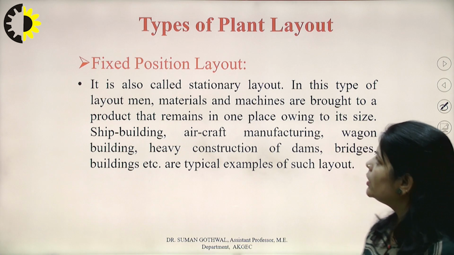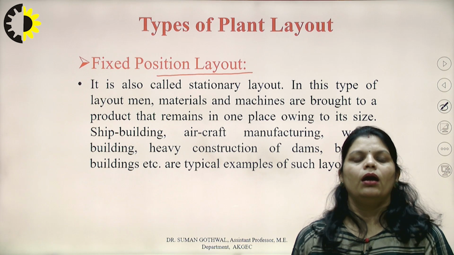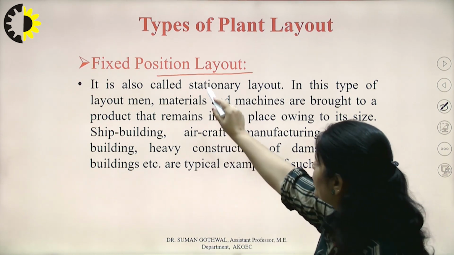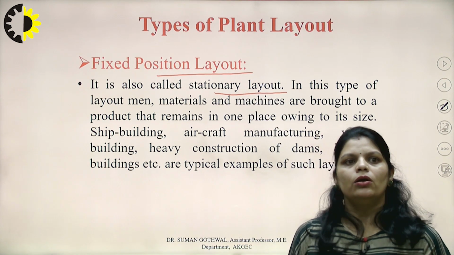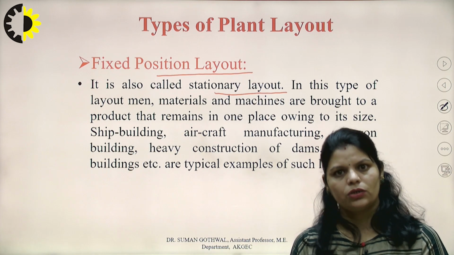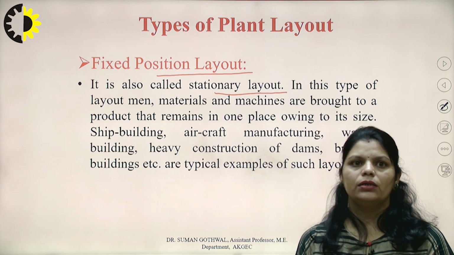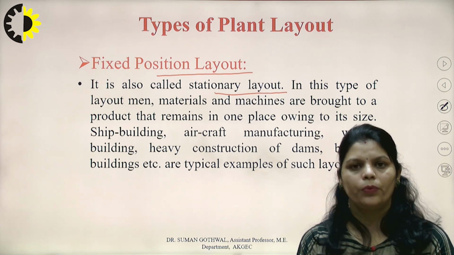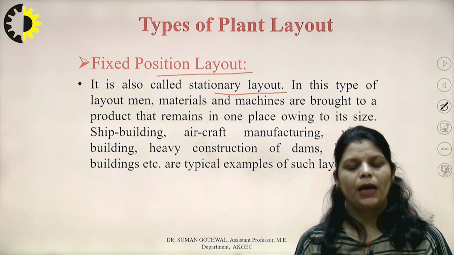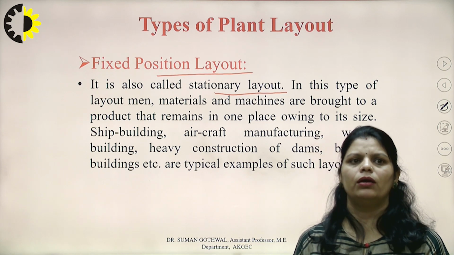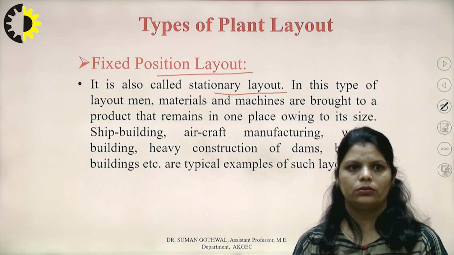Next we come to the fixed position layout. What does it mean? It is also known as the stationary layout because it is fixed. This type of layout is the least important for today's manufacturing industries. In this type of layout, the major component remains in a fixed location, and other materials or parts, tools, machinery, manpower and other supporting equipment are brought to this location.